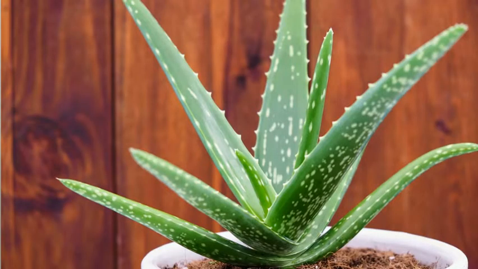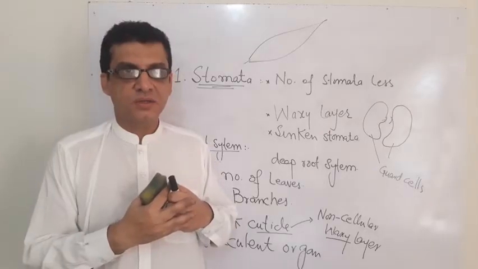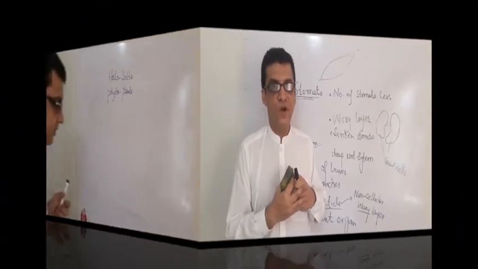Aloe vera, you know this. These are the leaves, and the leaves have storage tissue. Acacia arabica is also called kikar in Urdu or Pashto. So this was all about the xerophytes.